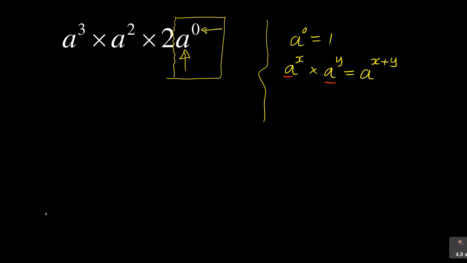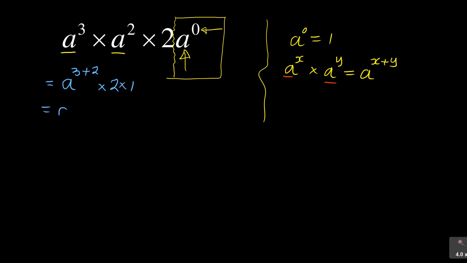This is what we are going to apply in the first two. There you can see the bases are the same. So we are going to have a to the power of 3 plus 2, times 2. Remember, a to the power of 0 is 1, so you can put a bracket or say times 1 like that.